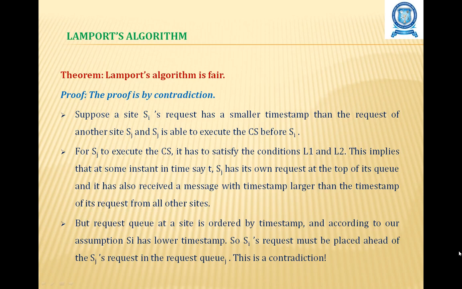But the request queue at a site is ordered by timestamp, and according to our assumption Si has the lower timestamp. So Si's request must be placed ahead of Sj's request in the queue. This is a contradiction.